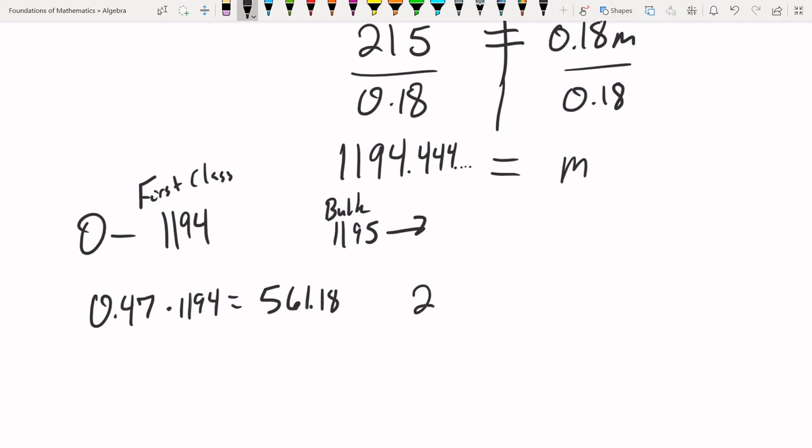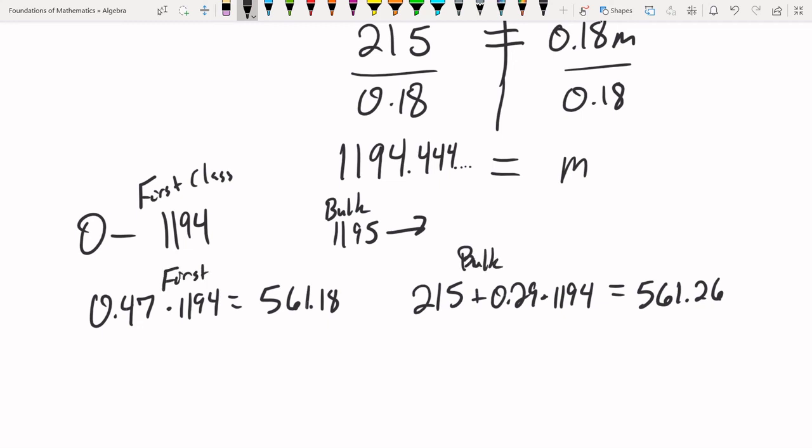If you did the bulk rate at that same amount, it's 29 cents times 1194. And you see we have 561.26. The bulk rate is still more expensive at this point, but only by what looks like 8 cents.